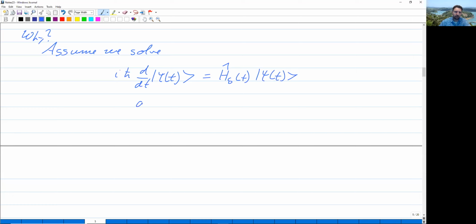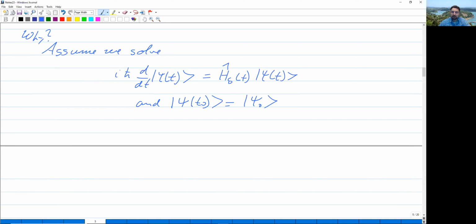And you have to choose what the state was at the beginning time, at t naught. Choose psi of t naught to be some initial state that we may call psi naught. Assume we solve for this.